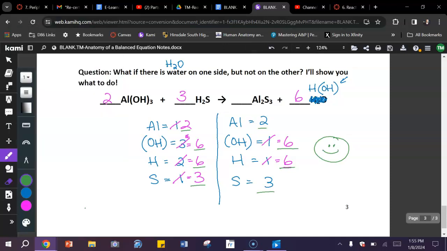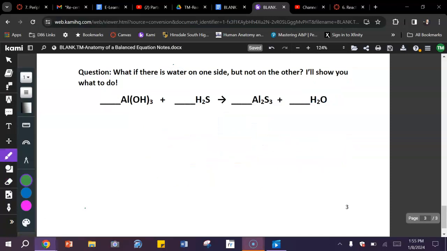Let me just go back and show you what it would look like if we did not rewrite the formula. So if we did not rewrite the formula for water and we were trying to make our grocery list, then we would have aluminum, we would have hydroxide, we would have hydrogen, and we would have sulfur.